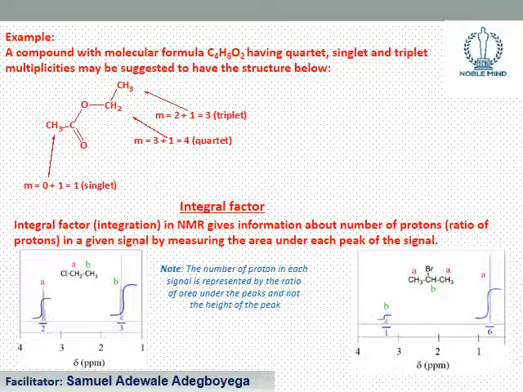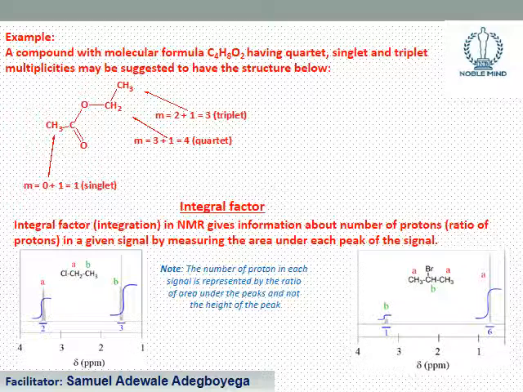For you to have a quartet, that means that proton is being neighbored to 3 protons. If you look at the structure, CH2 is bonded to CH3.